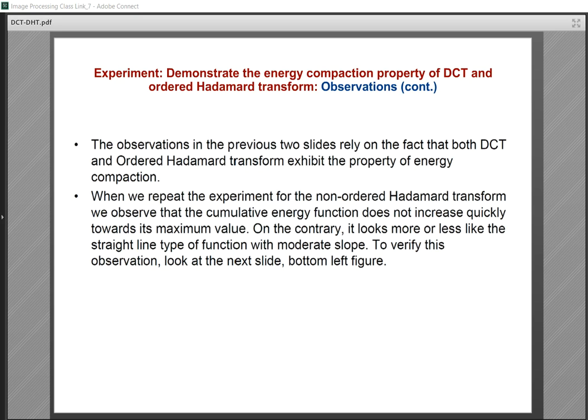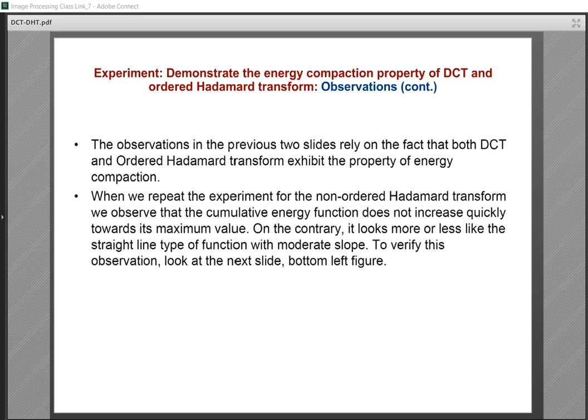When we repeat the experiment for the non-ordered Hadamard transform, this was for ordered Hadamard, we observe that the cumulative energy function does not increase quickly towards its maximum value.